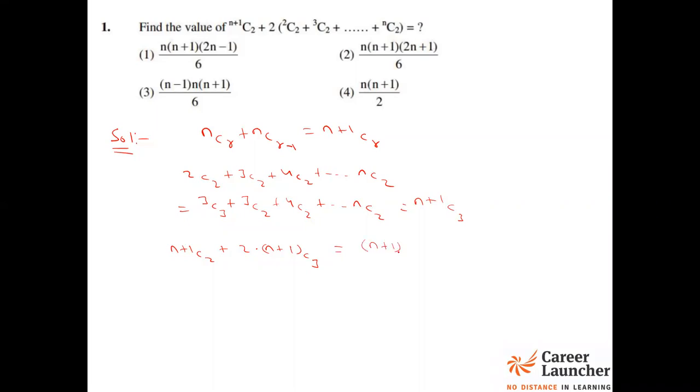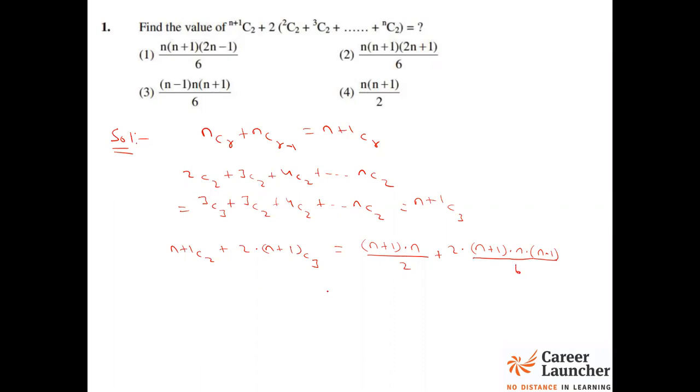(n+1) into n upon 2, plus 2 times (n+1)C3, which will become (n+1) into n into (n-1) upon 6.